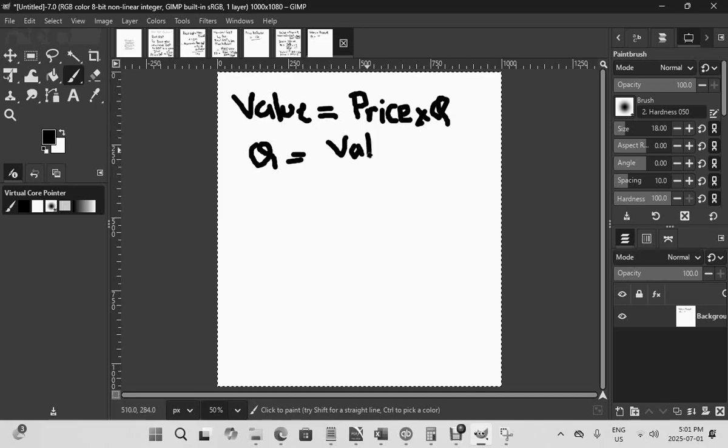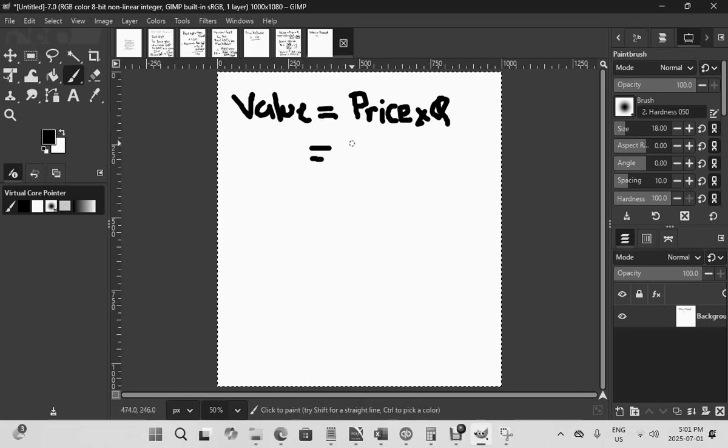So value over price. And to figure out the price, you do the same. So price will be value over quantity. And to figure out value, we simply multiply price by quantity.